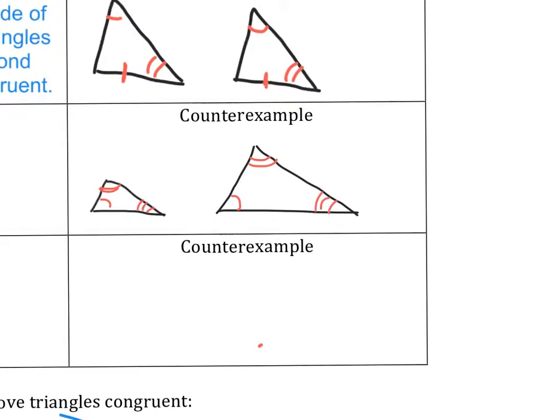But clearly these are not congruent triangles. They do have another name, just for preview, do you know? Similar. Good. These are called similar triangles.